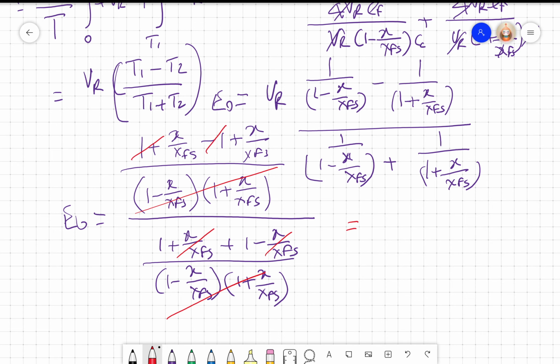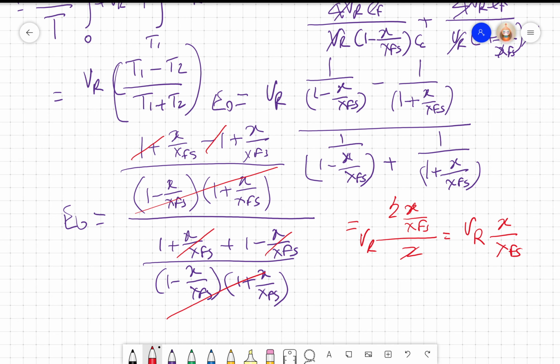So I will get 2 x by x full scale divided by 2. VR is already there. So VR into x by x full scale.